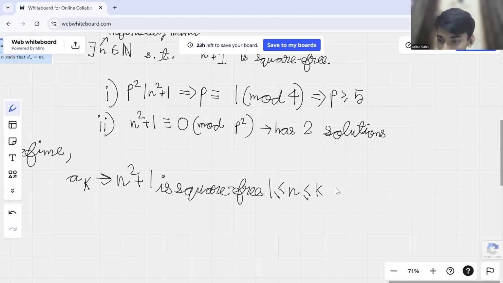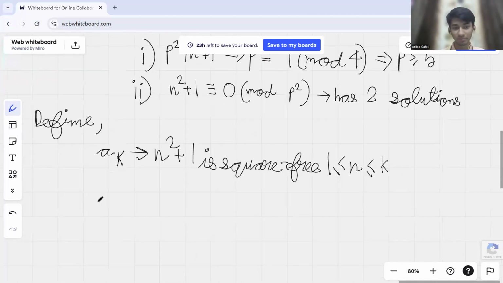So basically you want to say A_k is not constant after a point, because that's when you want to prove A_k is infinite. So it's a very motivated function to count.